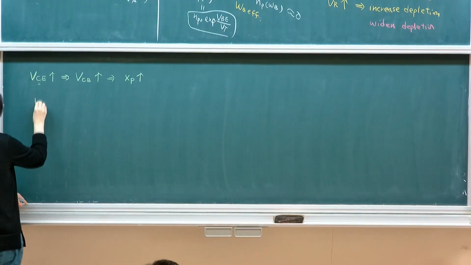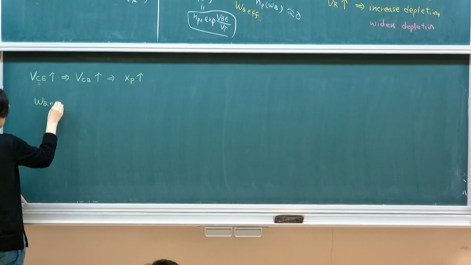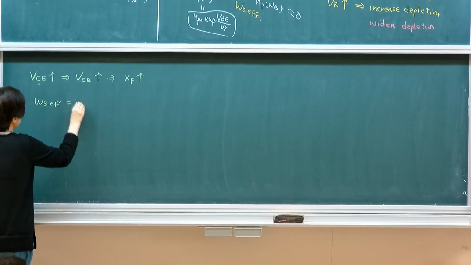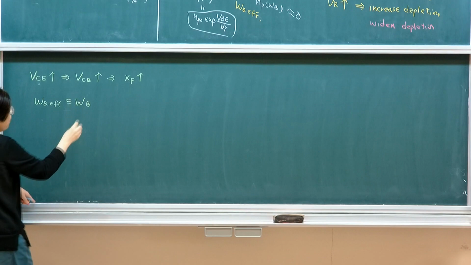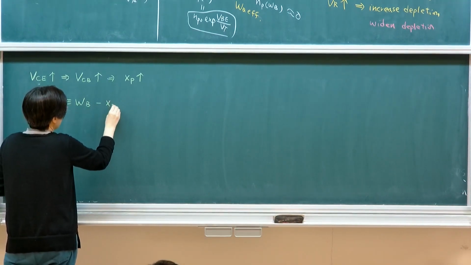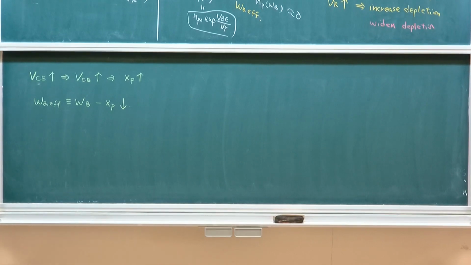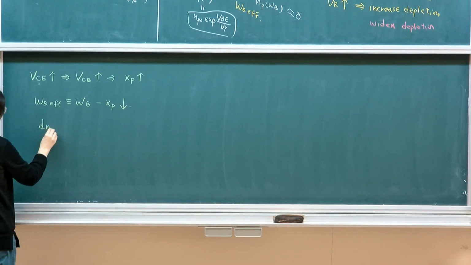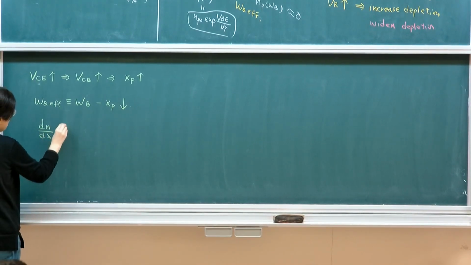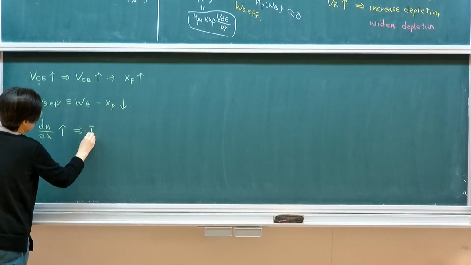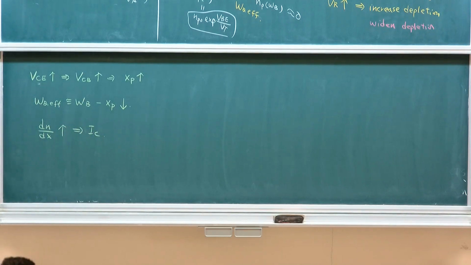So then your WB effective, I'm just going to roughly say that it's defined as WB minus XP, will decrease. So this would then lead to an increase. Therefore, this is a more hand-waving way of talking about why you see this rise of current.